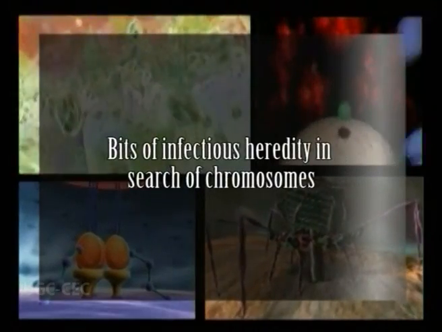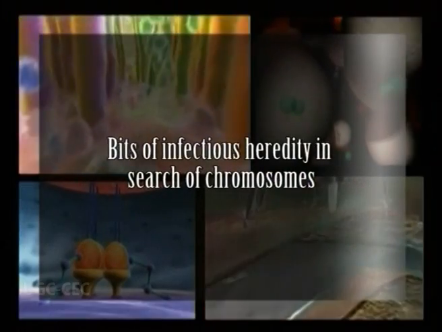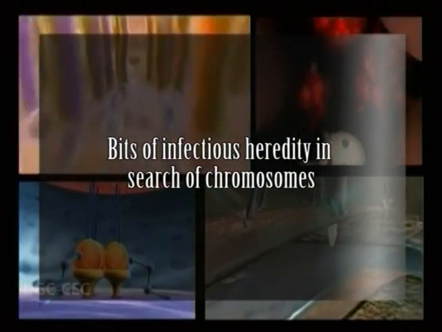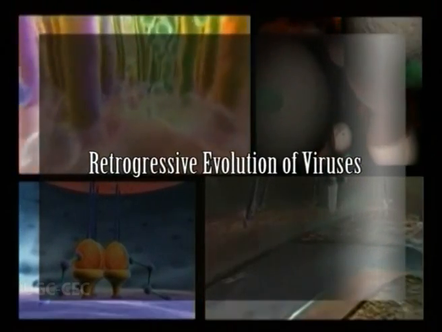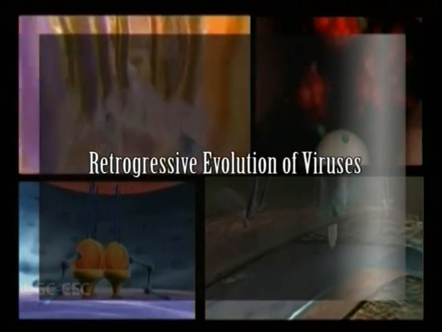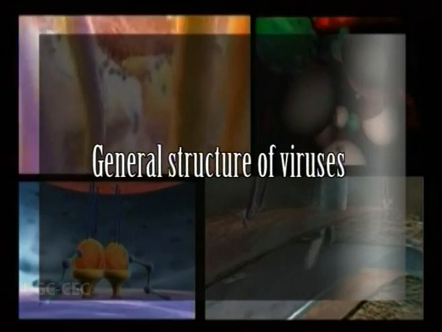Luria in 1964 called these definitions orthodox and treated viruses as transmitters or vehicles of information-bearing genetic material, and defined viruses as bits of infectious heredity in search of chromosomes. This definition seems to be relevant when the second school of thought, that is the retrogressive evolution of viruses, is taken into account. Now, general structure.